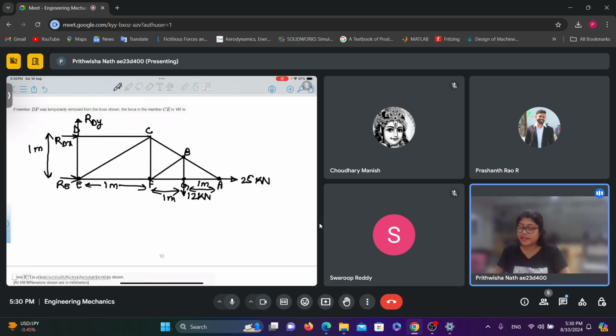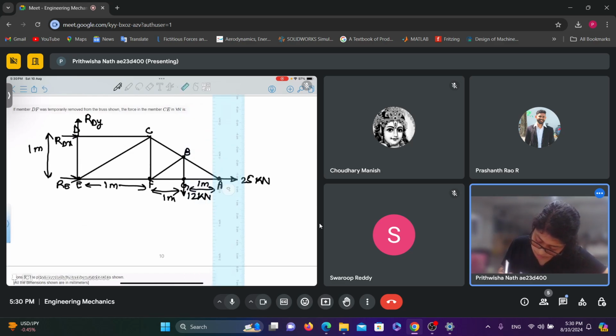Now first I need to find the unknowns, that are the reaction forces. Let this be the coordinate system that I'll use.